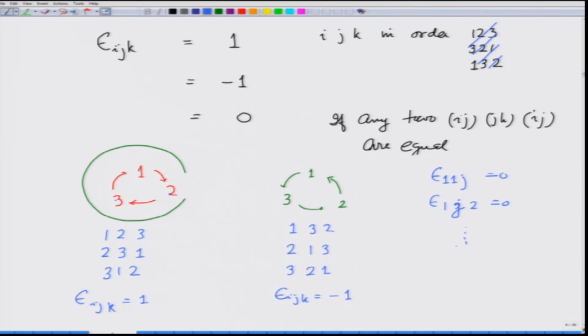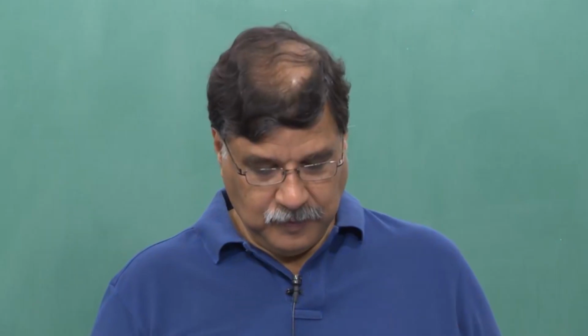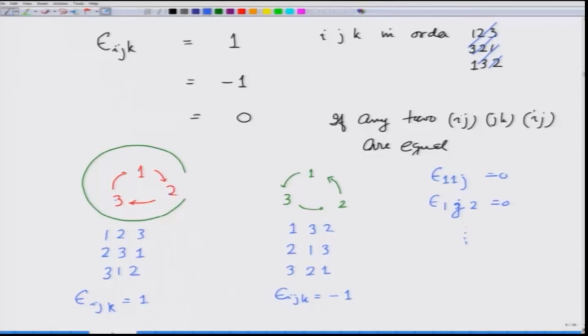So, you can see that there is a very easy way of remembering it. You put 1, 2, 3 like a clock. If you are going clockwise, any combination 1 2 3, 3 1 2 or 2 3 1 gives you epsilon i j k equal to 1, and any counterclockwise combination 1 3 2, 2 1 3 or 3 2 1 gives you minus 1 and the rest 0.